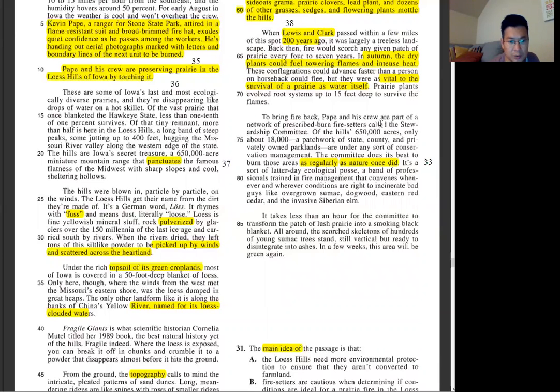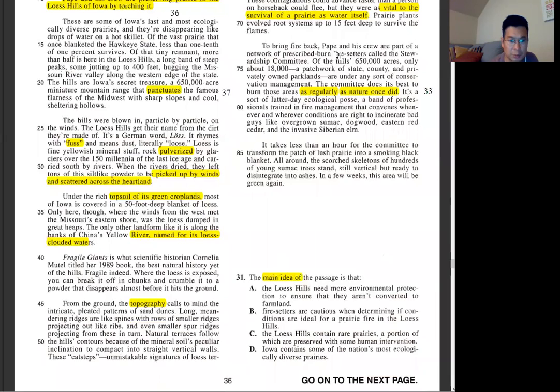And then move on to the next one, bringing fire back. A crew, part of the network of prescribed burn fire setters called the stewardship committee. And then hills, 650 acres, only about this much in regular nature, and then it's best to burn this area as regularly as nature once did.